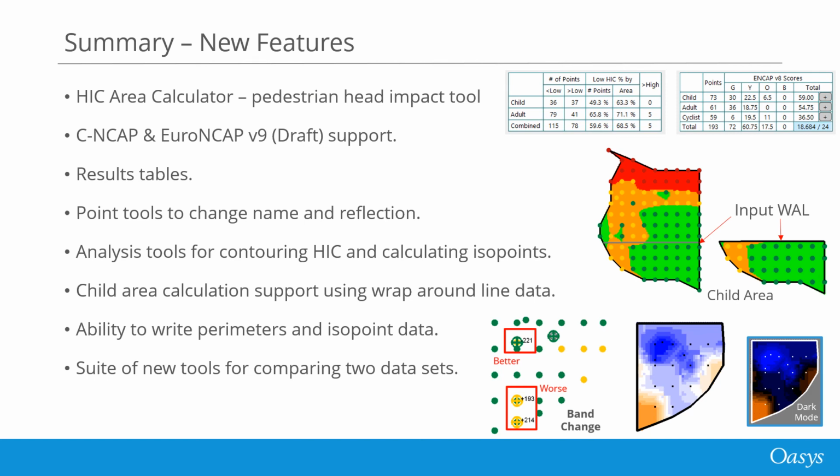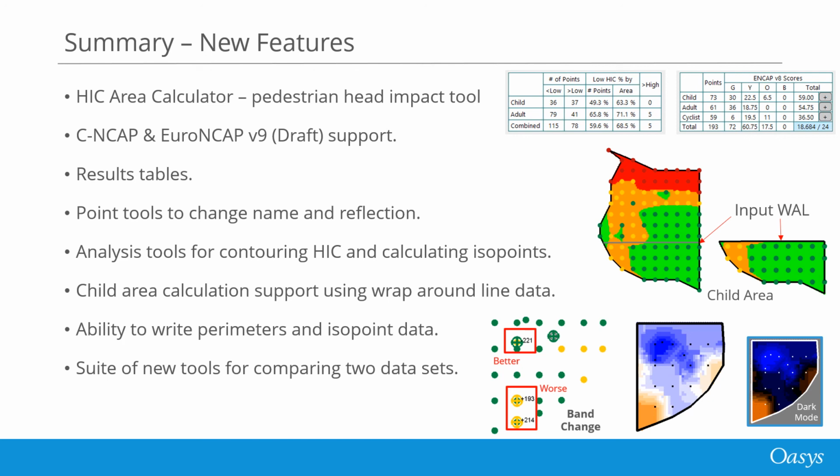So to summarize, the HIC area calculator is a primer tool for pedestrian head impact. The latest version supports China NCAP and draft Euro NCAP version 9 protocols. In this version, we've also added tables of results, tools for changing point names and for reflecting points. There are tools for contouring HIC and calculating ISO points.